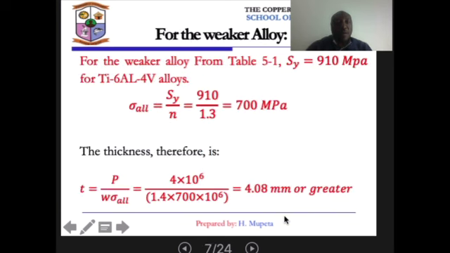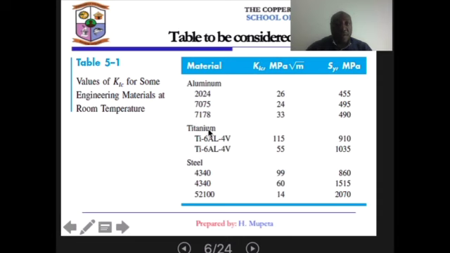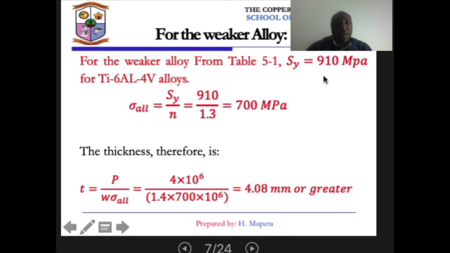Okay, so for the weaker alloy, we now begin the analysis. We are going to get the yield strength from table 5.1, and the yield strength for the weaker alloy is 910 megapascal. The stress will be the yield strength divided by the factor of safety, and from the question the factor of safety is given as 1.3.